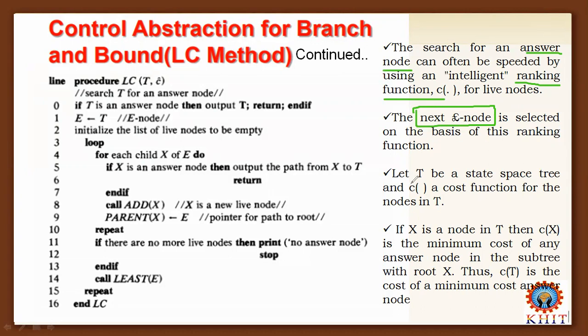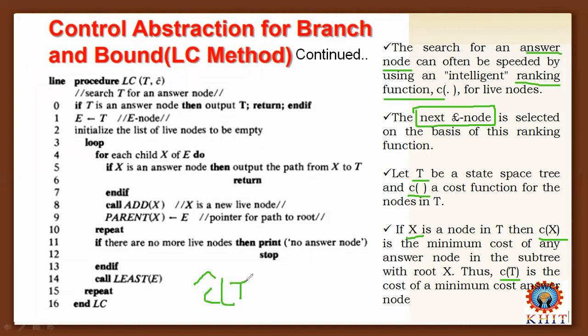Now here, consider a state space tree, namely T. The tree has the cost C, and here X is a node in the given tree. If you want to find the cost of a node, that is considered as C of X. And if you want to find the minimum cost function of the entire tree, that can be measured as C of T. Finally, you can find out the C cap of T value.